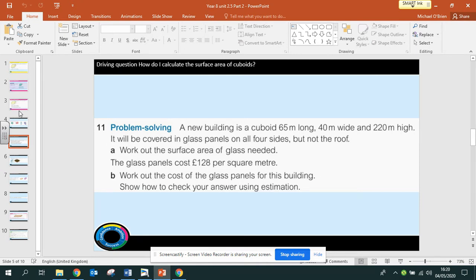The 4 sides from our definition that I've been using up to now are the front elevation and the side elevation. So we want to just work out the front elevation and the side elevation for these. Have a go at the question, and when you're doing it, pause the tape, have a go, and come back to me when you're finished.